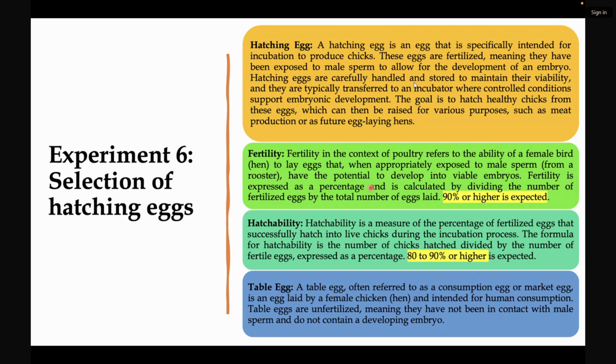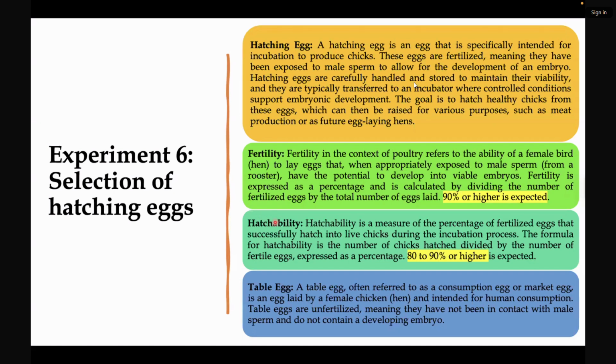Out of those 1000 eggs, if 900 are fertile, then we will say the fertility is 90%. So that is how we express it in percentage.